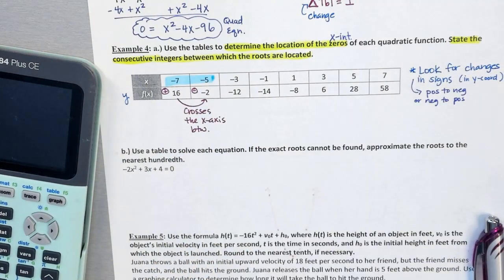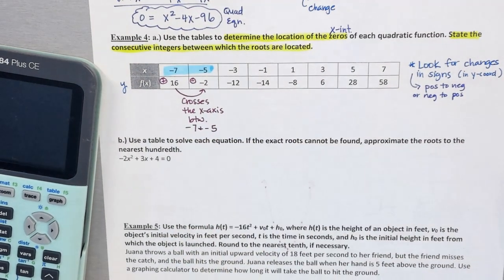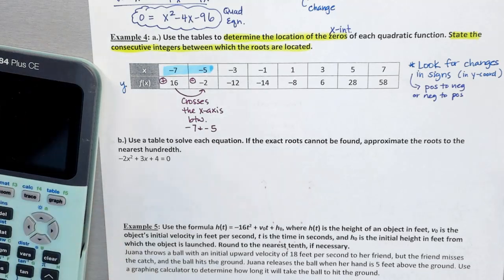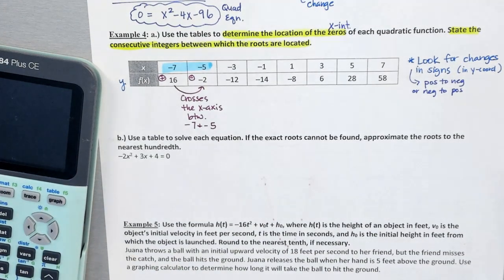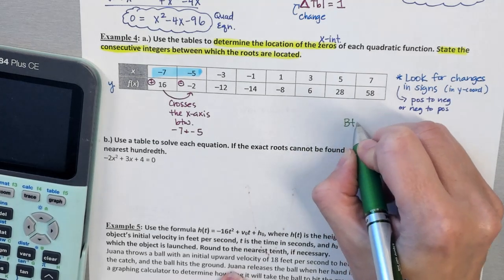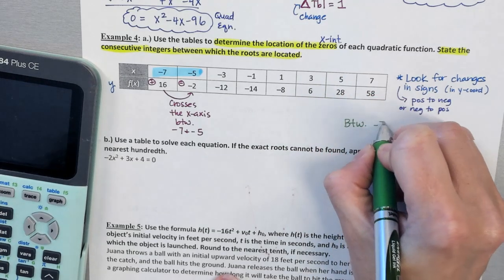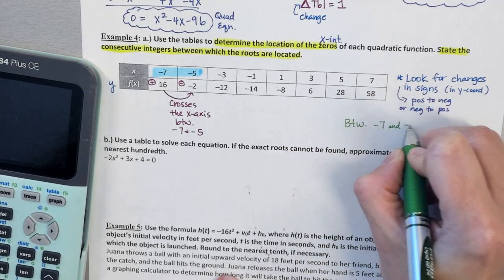So this means it crosses the x-axis between -7 and -5. So when you're writing your answer, one of your answers is just going to be between, and I'm fine if you abbreviate, if you put BTW, -7 and -5.